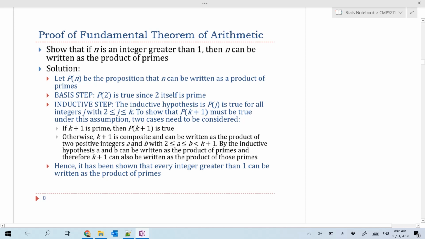And in this case, the property is true because we can write this number as a product of prime numbers, given that the smallest product is a single number multiplied by nothing, okay? Otherwise, if it is a composite number, then it can be written as the product of two positive integers, a and b. And necessarily these numbers are between 2 and k plus 1.